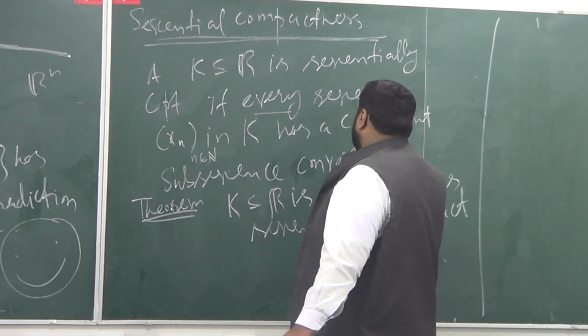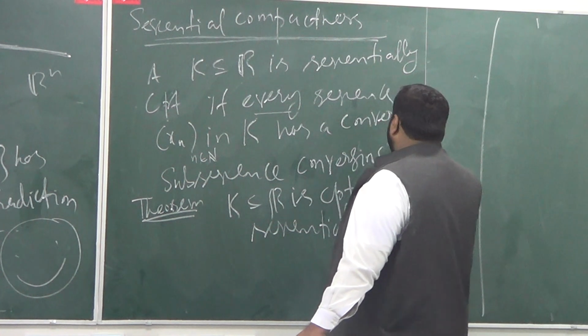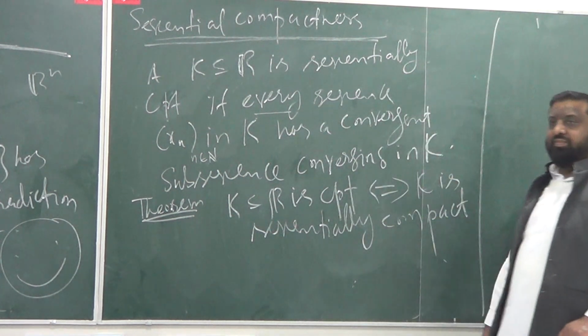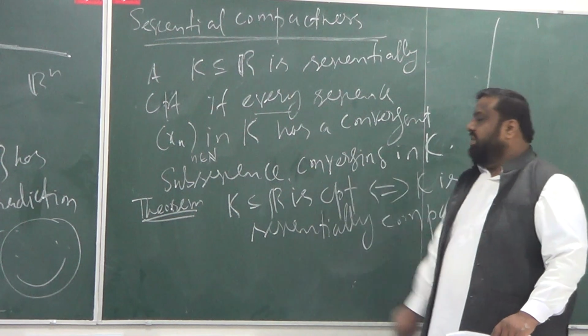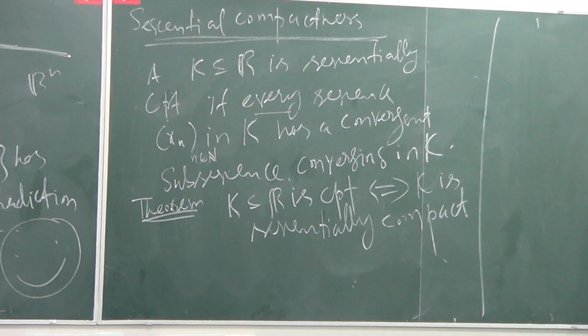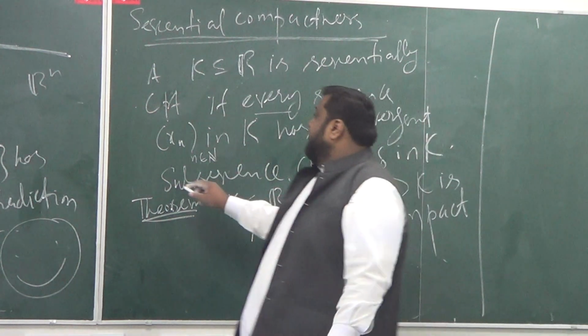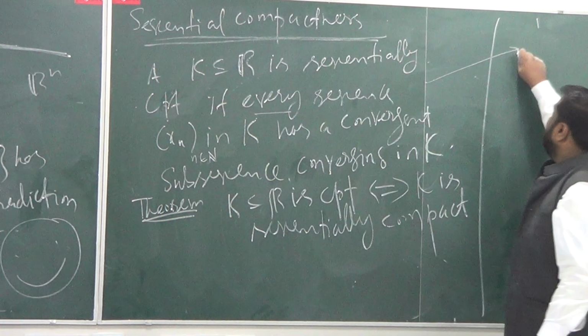This is a very good point. Converging in K. Okay, what do you mean by converging in K? That the limit should belong to K. So if I write it mathematically, how is it going to look?